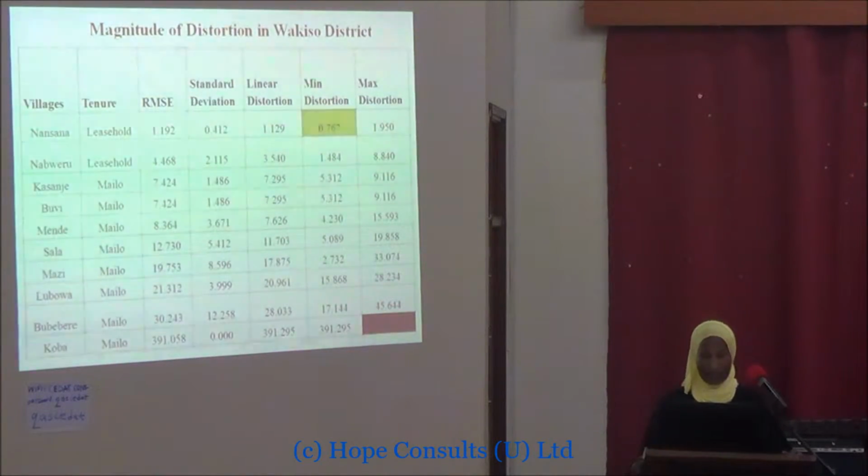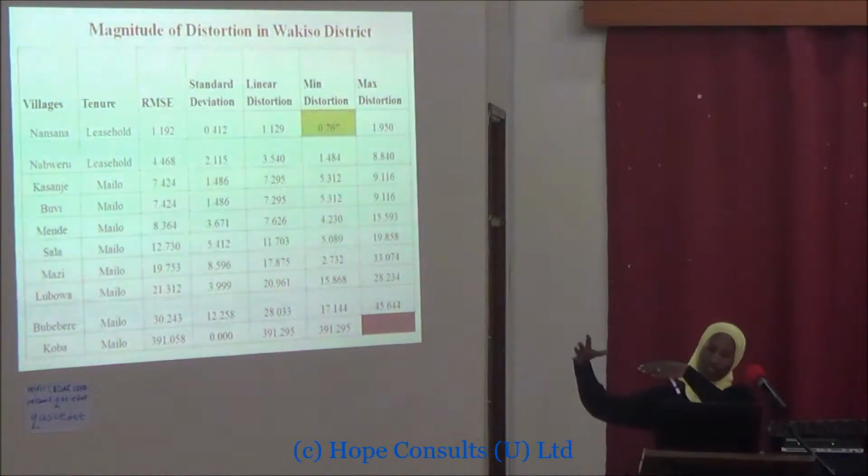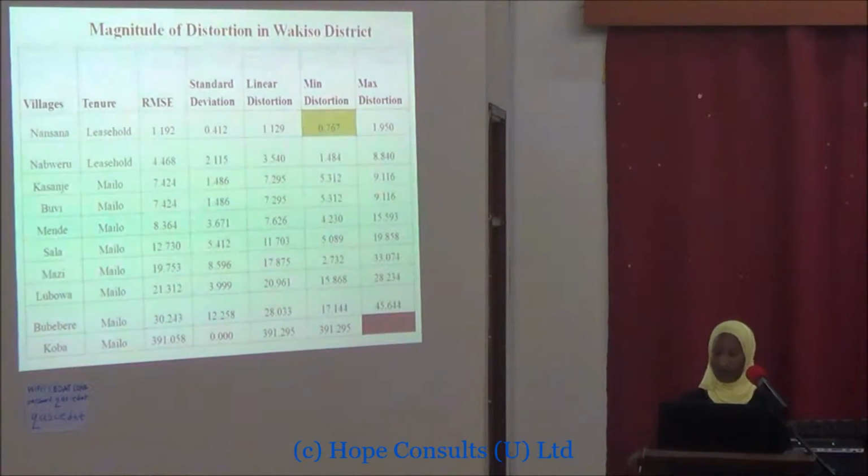Then we also had the biggest distortion, but this distortion, we'll see later, is a uniform distortion whereby the plot shifted uniformly by 391.295. And the minimum distortion in Wakiso was Nasana, but this was the least plot.